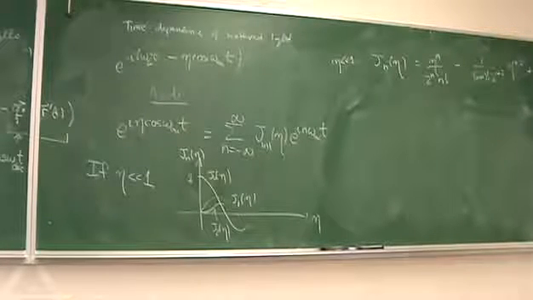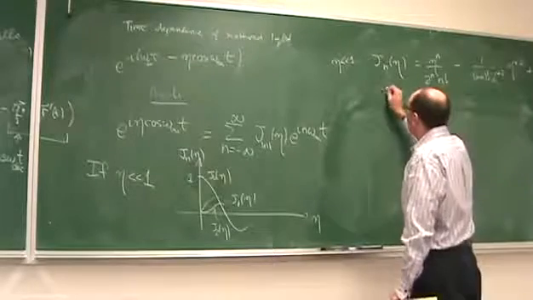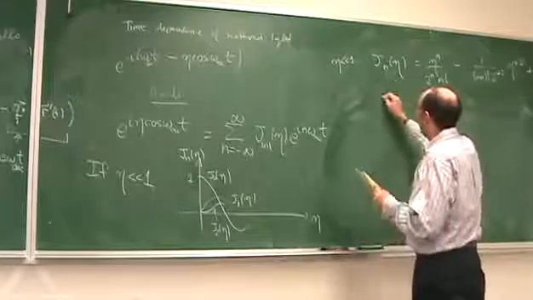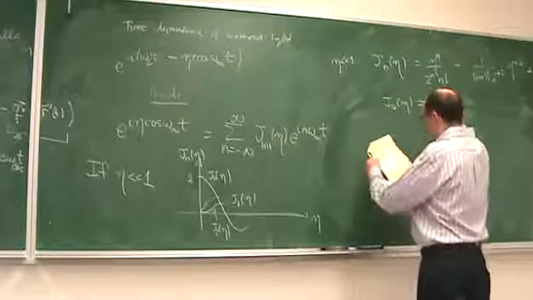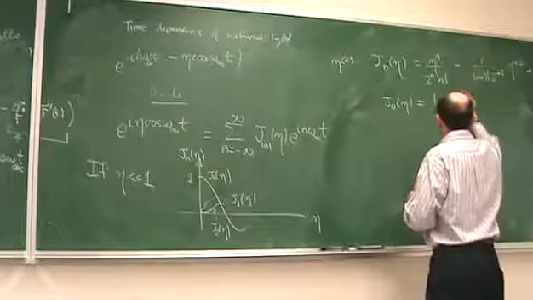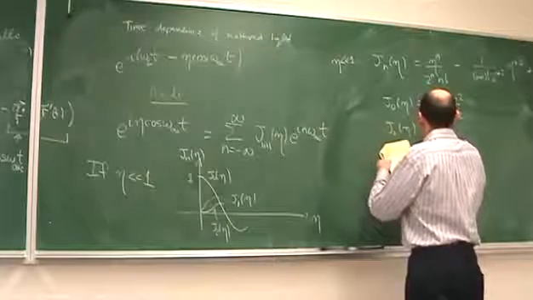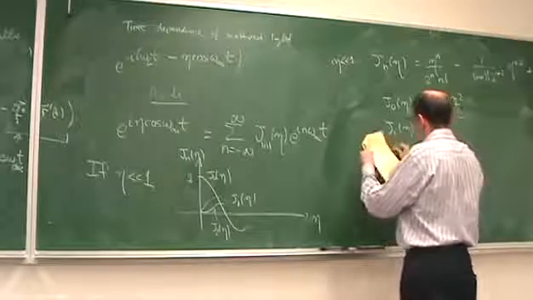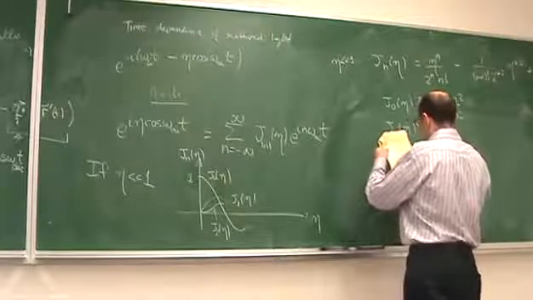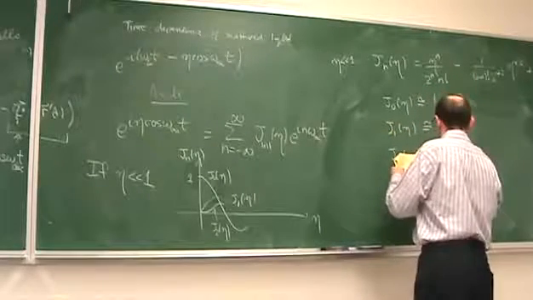Okay? So, this says that for small eta, J0 is approximately 1 minus eta squared over 4, J1 is approximately eta over 2, and J2 is approximately eta squared over 8.